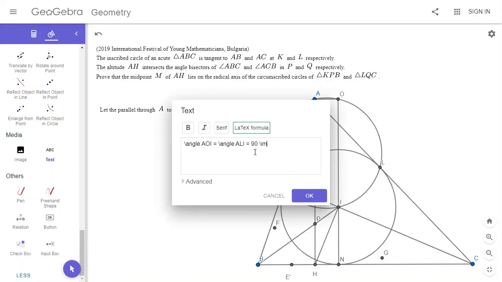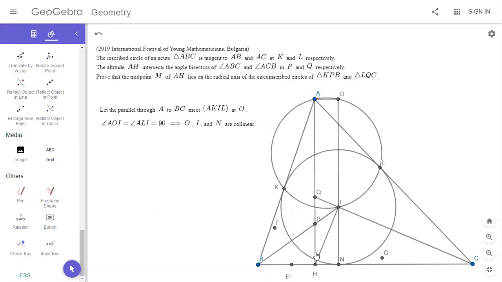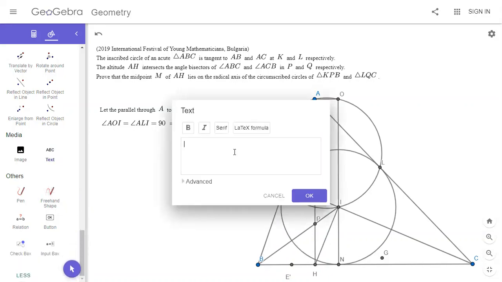So that means O, I, and N are collinear. Now we can define E prime. Let me delete point F. So let E prime be the reflection of N over H.